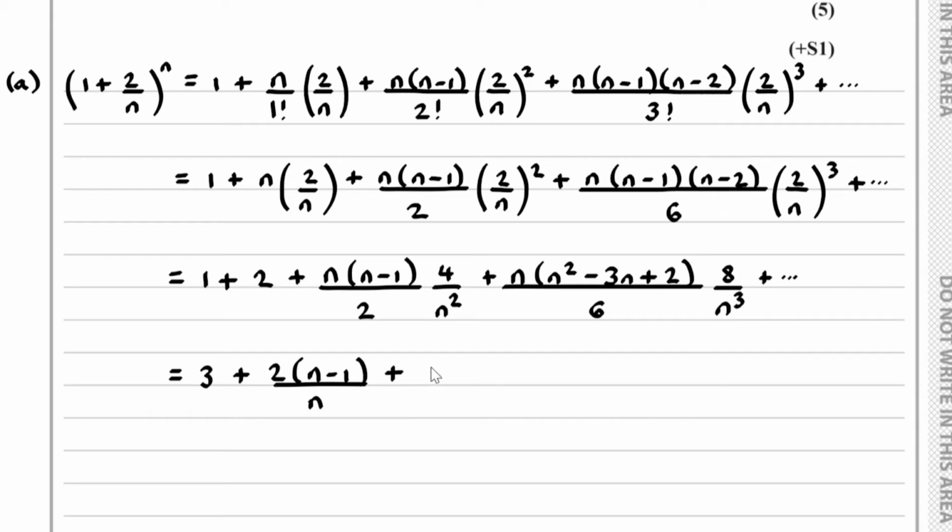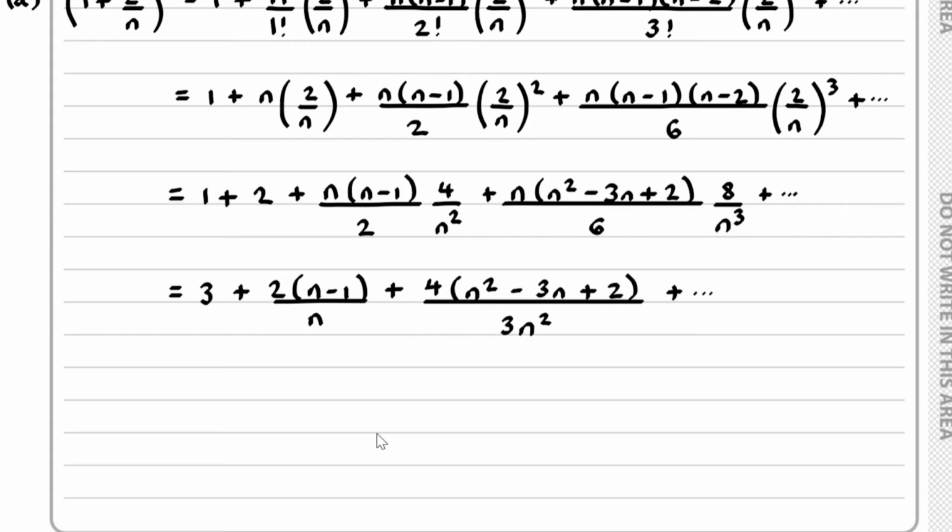So we add on 4 multiplied by n squared, subtract 3n, plus 2, divided by 3n squared, and then we have higher order terms.